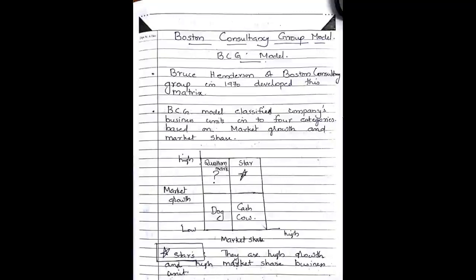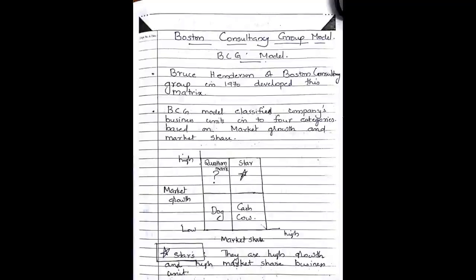There also the company has to spend much money in the market because they have to sustain the advertisement as well as the production at that level. So even though it is a star product, the company cannot expect that much profit from that product when it is in the star category.